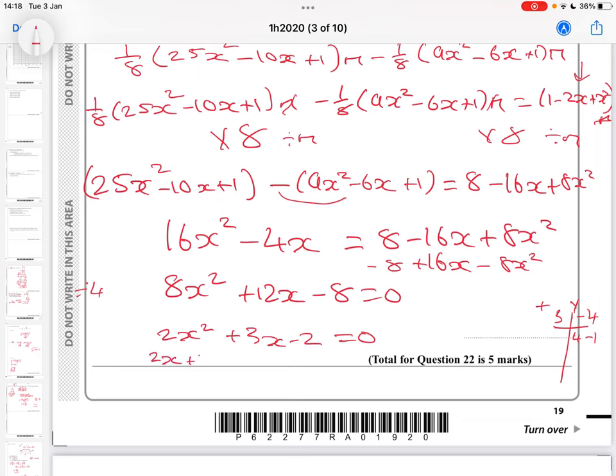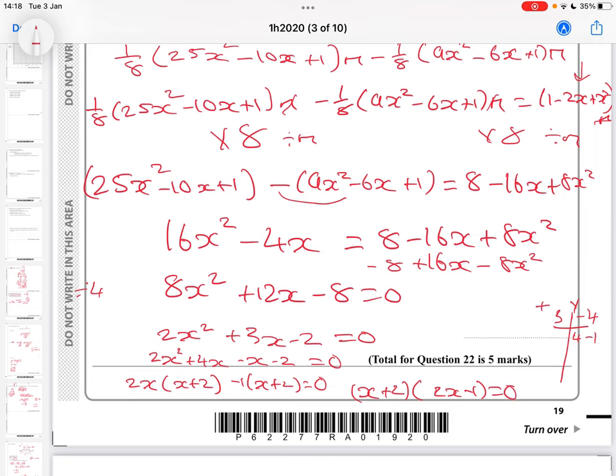So I can rewrite that as 2x squared plus 4x minus x minus 2 is 0. So 2x inside the bracket is x plus 2. Then I'm going to have minus 1, x plus 2. So my two answers are x plus 2 or 2x minus 1 equals 0.